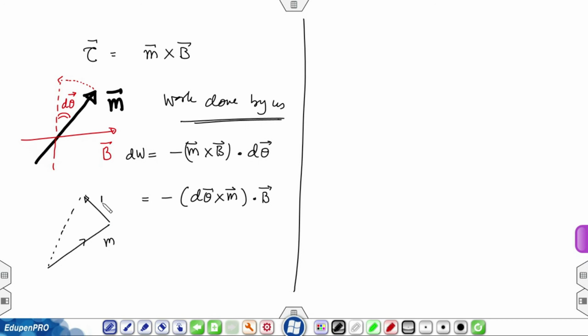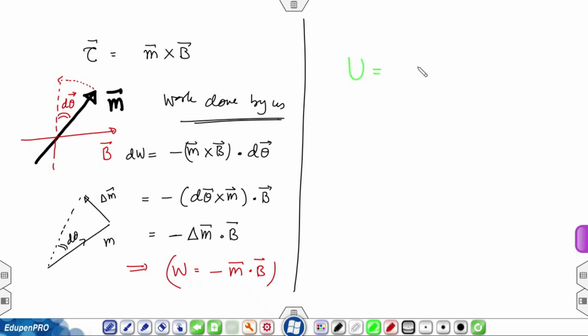This is delta m, the change due to this rotation by d theta. So, this is nothing but delta m dot B with a minus sign, or dm dot B, and this immediately gives you that work done will be minus m dot B. So, we find that the potential energy therefore is going to be minus m dot B.